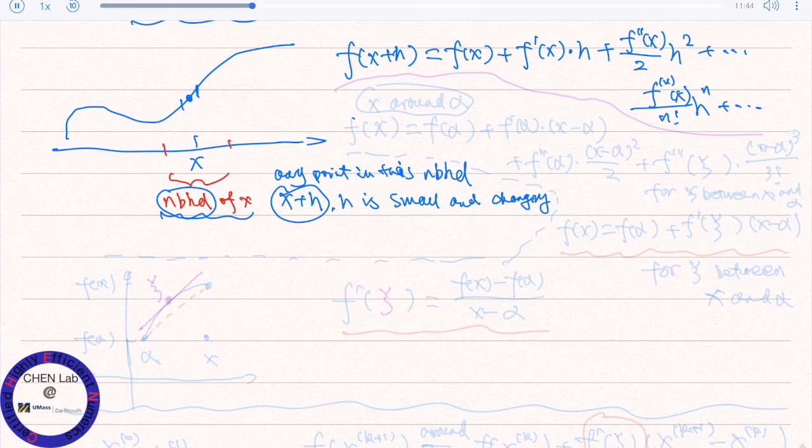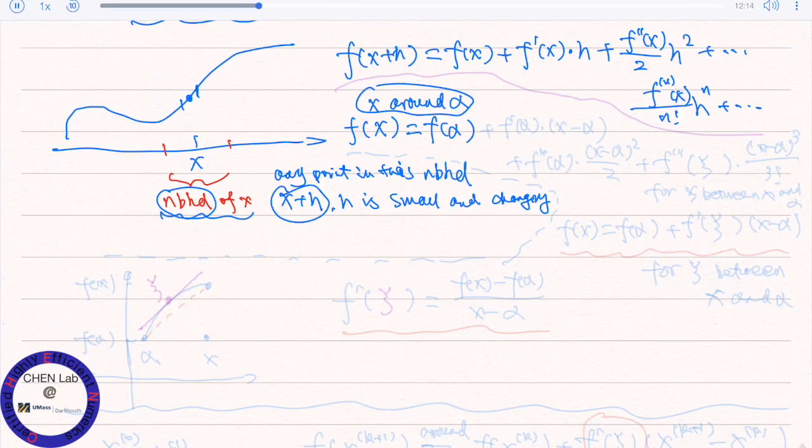Another way of writing this is, if you are approximating x, and you approximate around alpha, right? So x around alpha. Now x is changing, alpha is fixed.